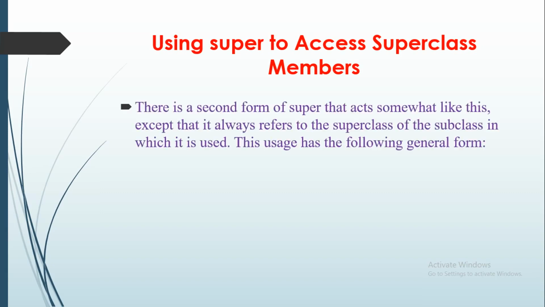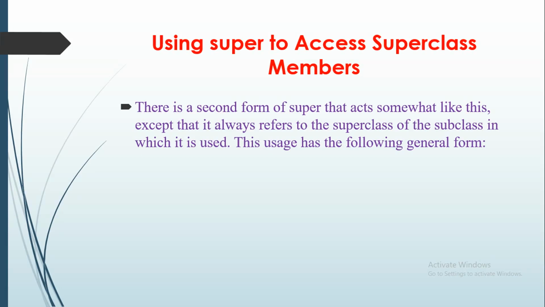There is a second form of super that acts somewhat like this, except that it always refers to the superclass of the subclass in which it is used. It means that if we want to access the parent class members, then how can we access those members for reusability of our program?